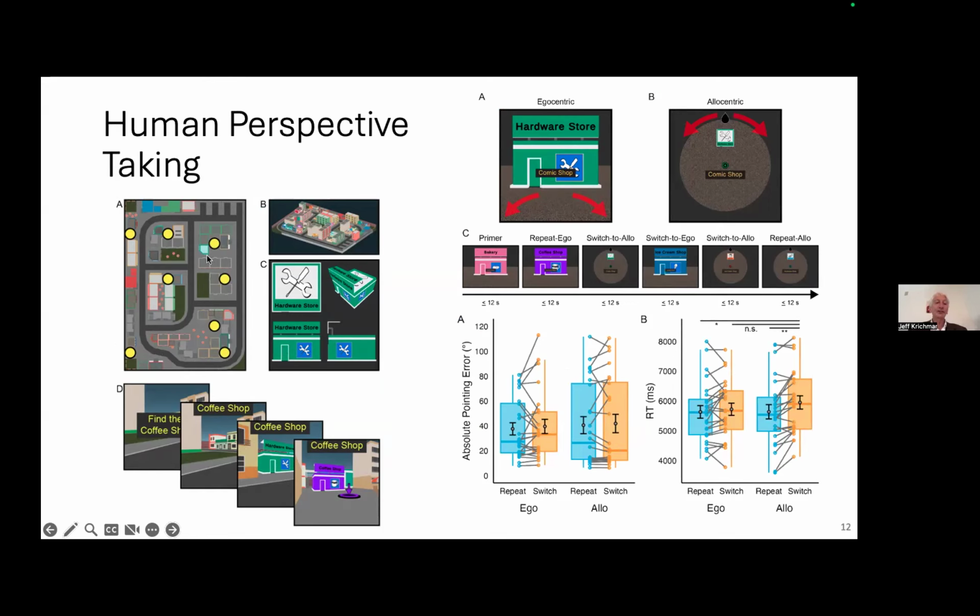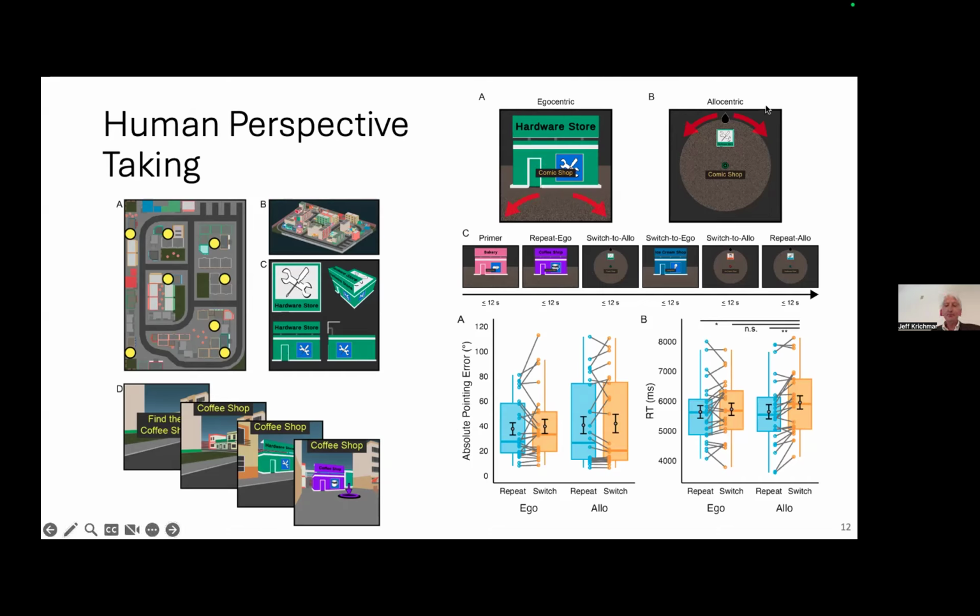You can do this on a desktop or a VR, but on a desktop, you're looking for different stores and buildings, and then you're given a test, either egocentric, which is our first-person perspective, or allocentric, which is our global map perspective. You look at a hardware store, so you're facing it, and you're told to go to the comic store. And then you're in sort of a featureless environment, and you have to rotate so much and point where you think the comic store would be.